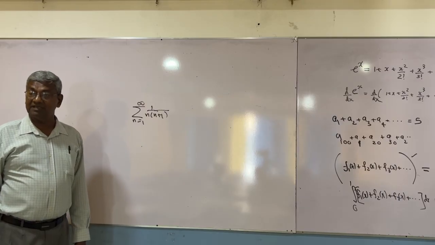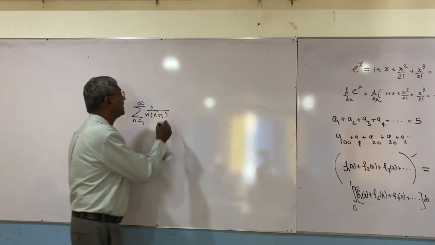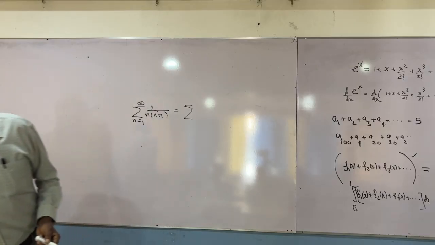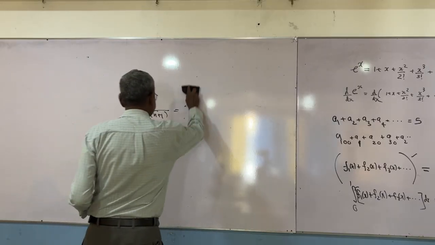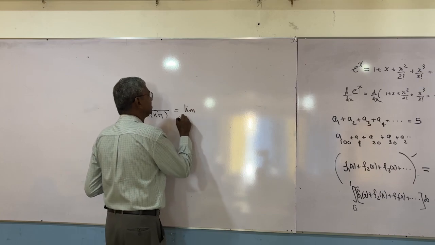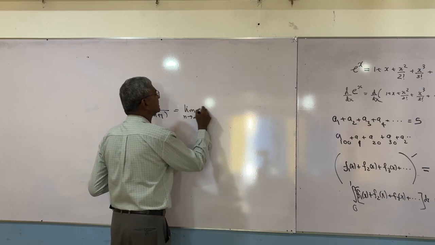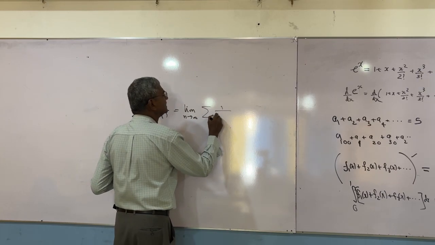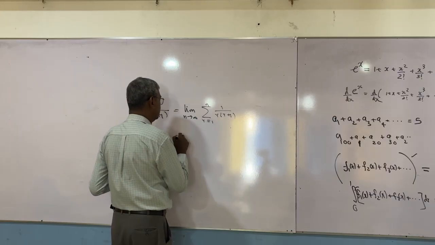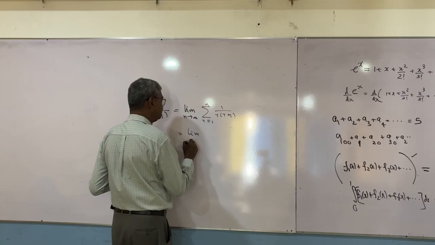If it converges, what is the final sum? You write the limit as n tends to infinity of sigma 1 over r times r plus 1, r going from 1 to n.